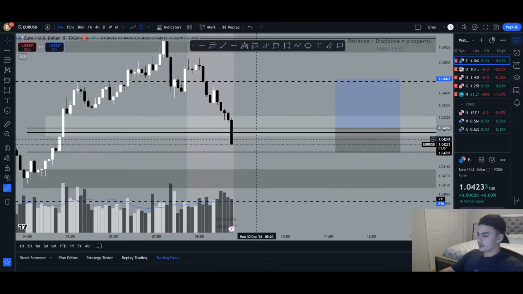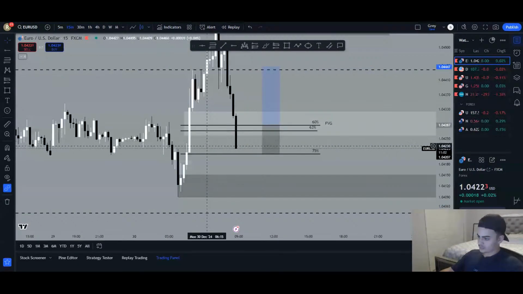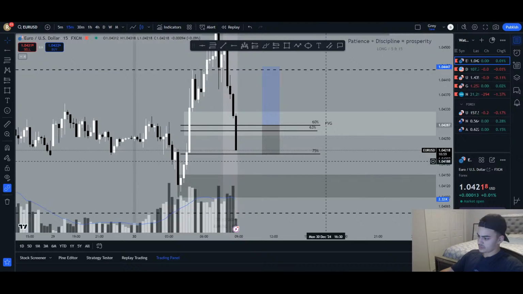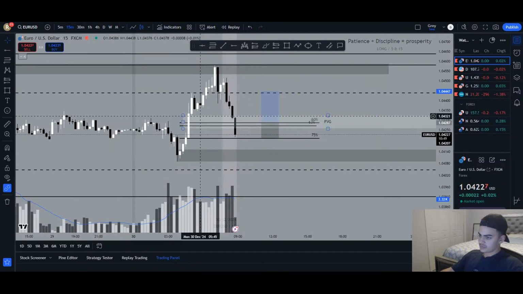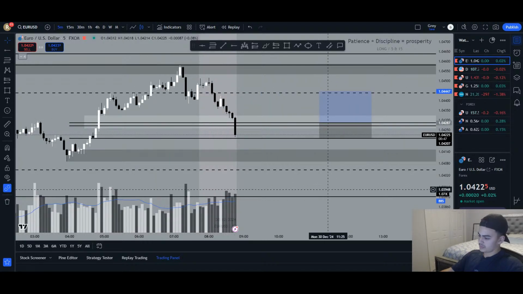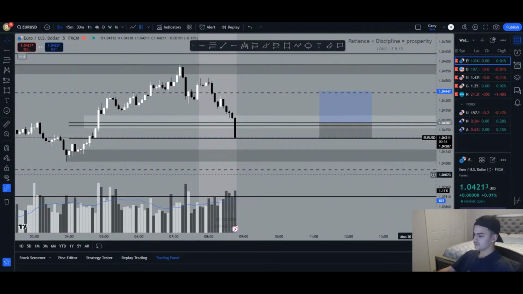Still pushing down with a minute left. Could reach. Let's see. Could reach down here. There is though. 10 minutes left to 50 minutes, so we'll see. It's still pushing down.